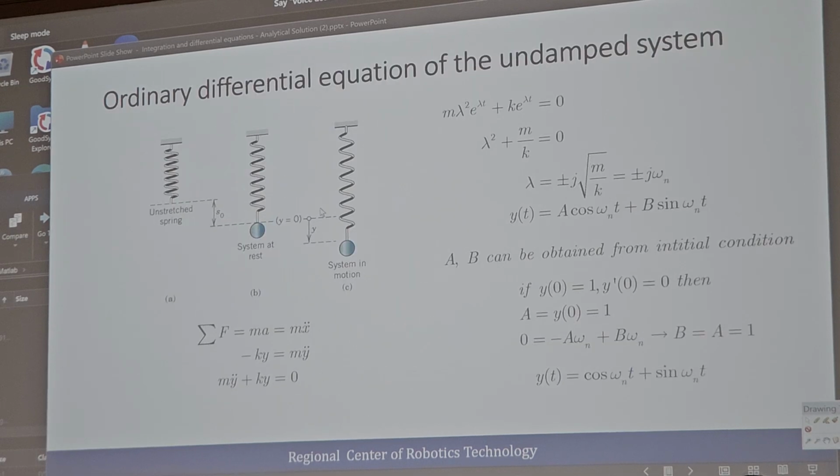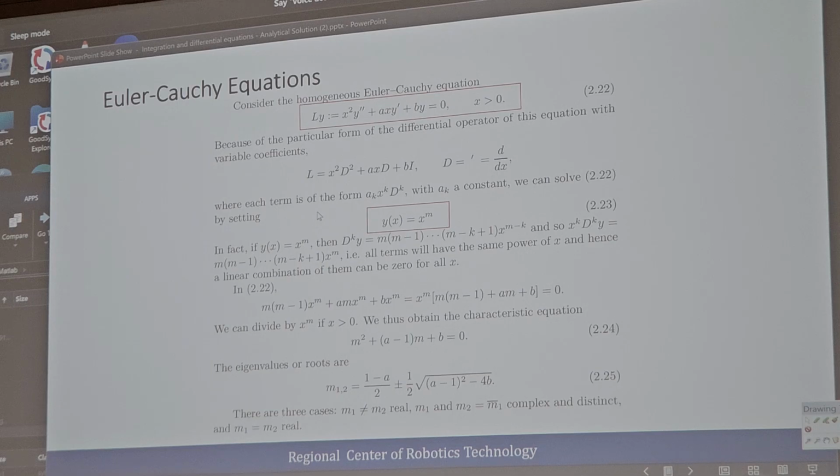Okay, next. Now I go to another type of equation. We call it the Euler-Cauchy equation. Look at this one, there's a particular form.